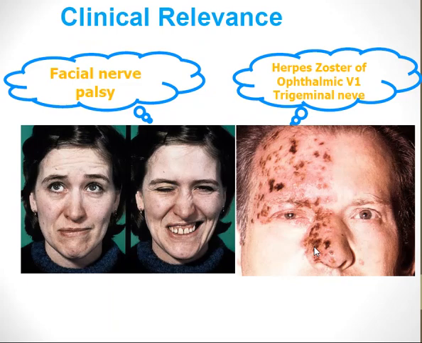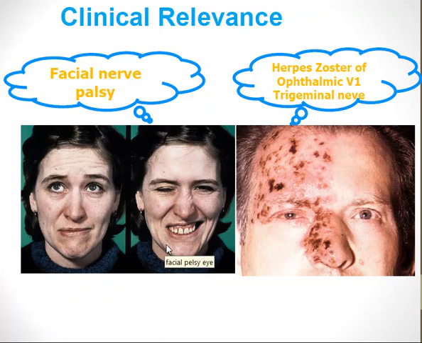This slide concerns two important clinical conditions relevant to the anatomy of the face. Just to remind you, the sensory supply of the face is by the branches of the trigeminal nerve, while the motor supply is by the branches of the facial nerve. If we have palsy of the facial nerve, we will have paralysis of the muscles on the side of injury.